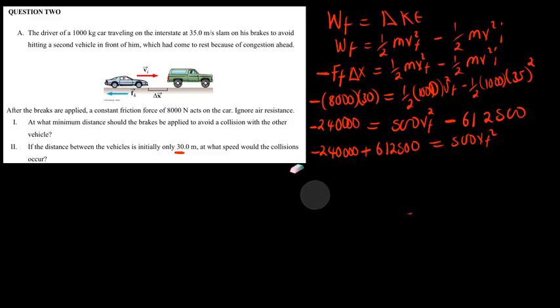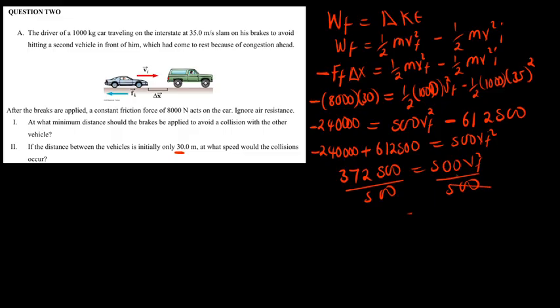When you subtract there, the answer is 372, then equal to 500 v squared final, then divide by 500, divide by 500. This part and that part to divide, this and that to divide. So you have 745, like that. So v final squared.